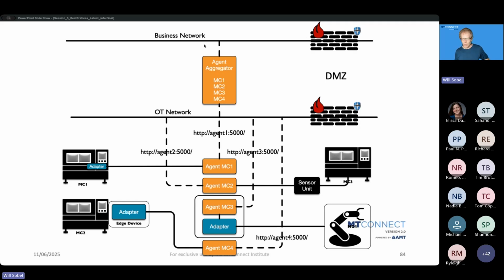So let's say you wanted to create an OT network that had a firewall on it that exposed these ports, but then you wanted to block any access from your business network or your cloud. You could create a demilitarized zone, a DMZ, which is an area in your network that allows you to limit the traffic only to this point.